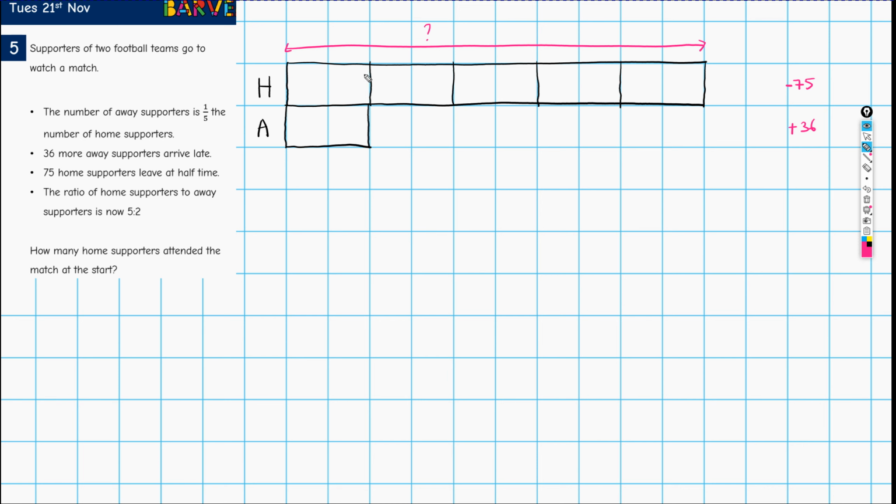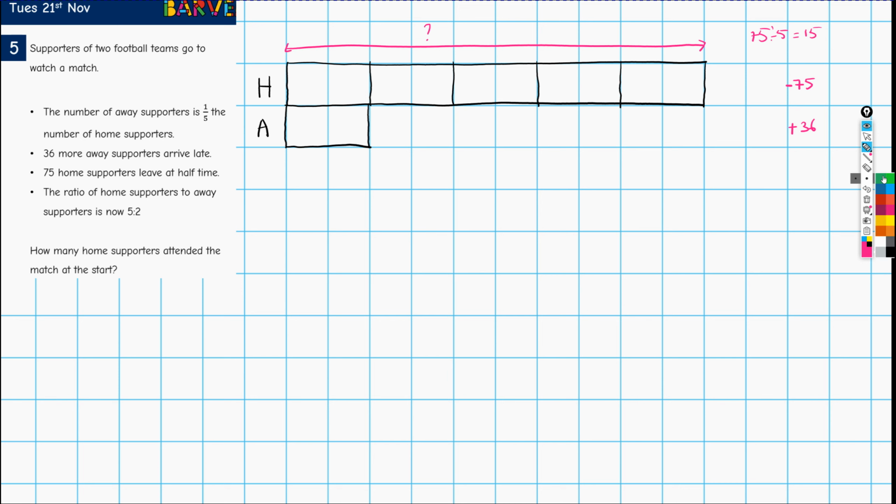Okay, well, we're dealing in ratios and we've got these 5 parts. So normally the way we would deal with something like this is to distribute this loss across the parts. So if I divide 75 by 5, I get 15.